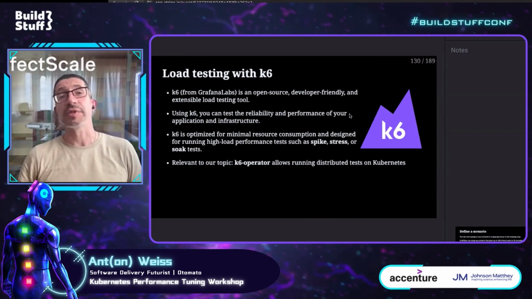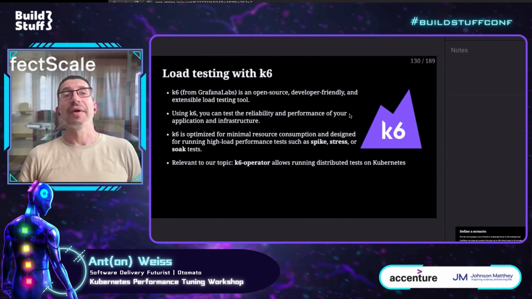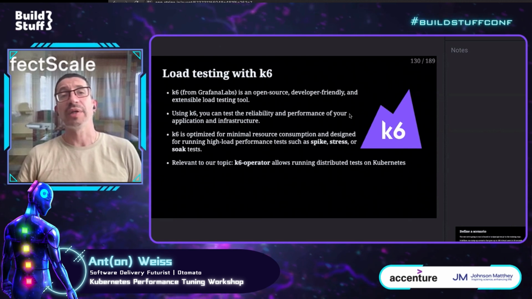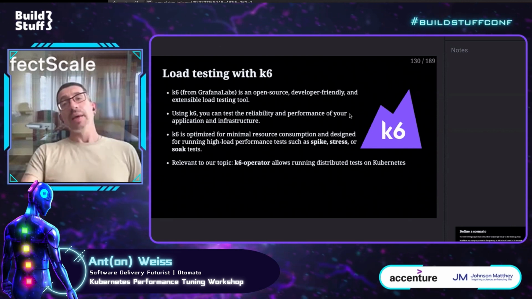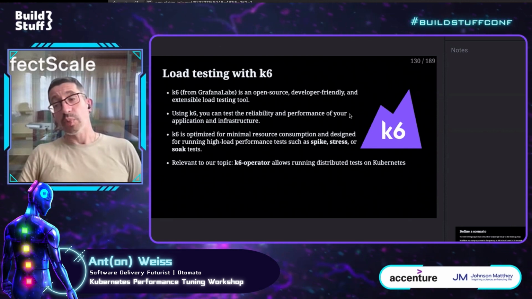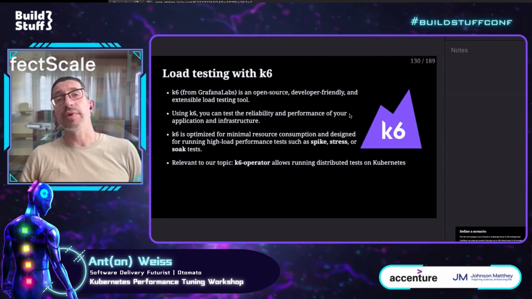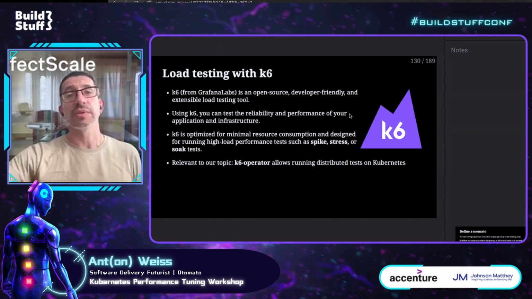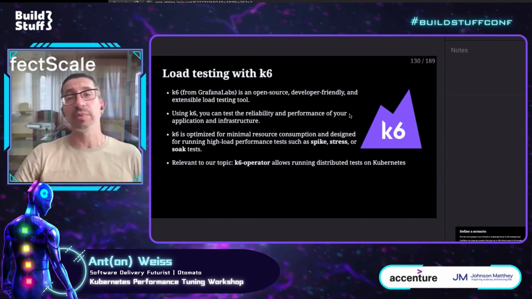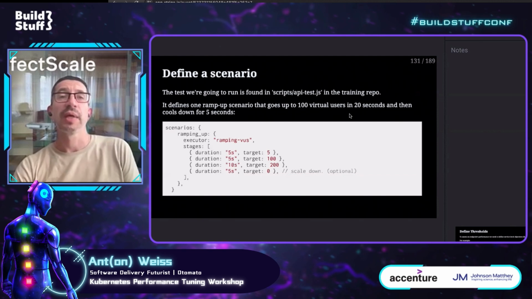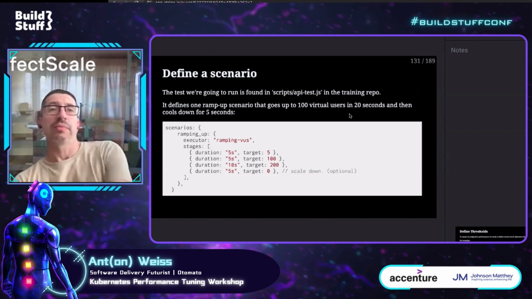I don't know if it's an advantage or a disadvantage for you, but it's definitely pretty easy to write and understand. And relevant to what we're talking about today, it also has a K6 operator that allows us to easily run distributed tests on Kubernetes. And that's what we will be using it for.